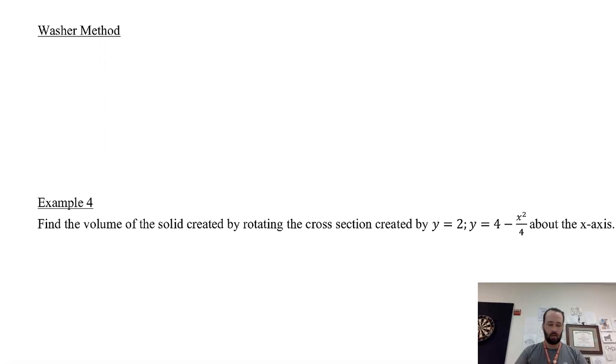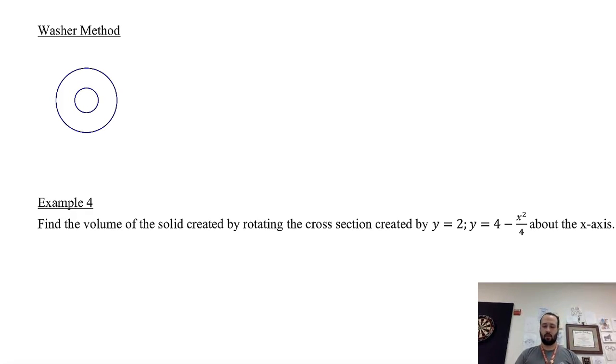All right, next we're going to be getting into the washer method. So not a dishwasher, but a washer is, if you don't know, essentially a ring with another circle inside, different sizes.